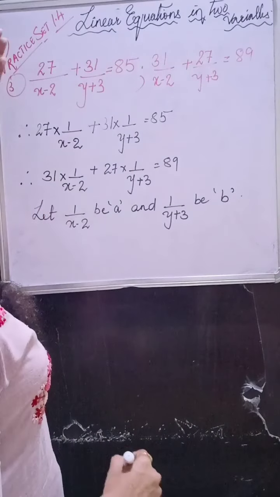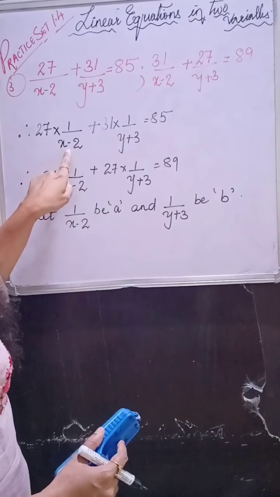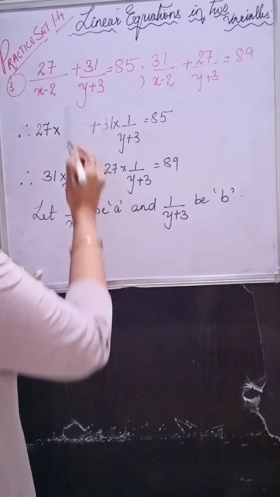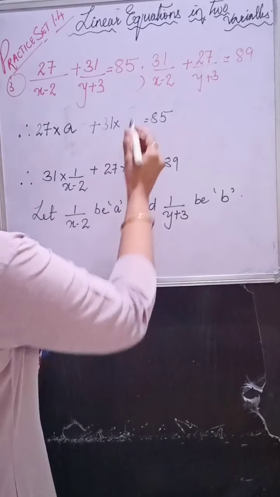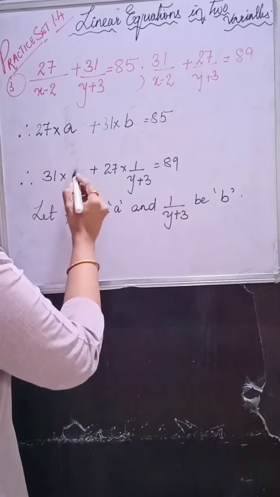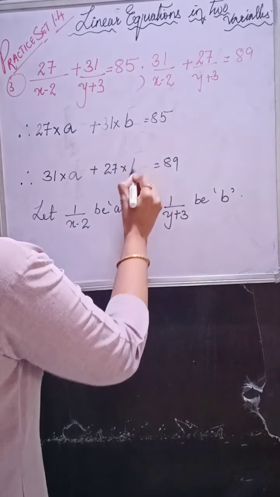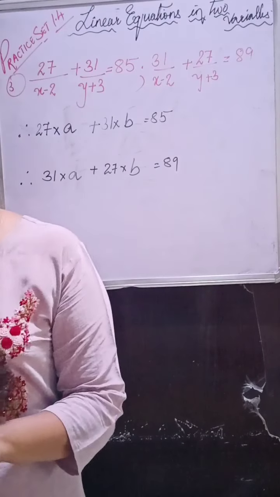So how will we get the equation now? In place of 1 upon x minus 2, I will write a. In place of 1 upon y plus 3, I will write b. Fine. So we have the new equation.